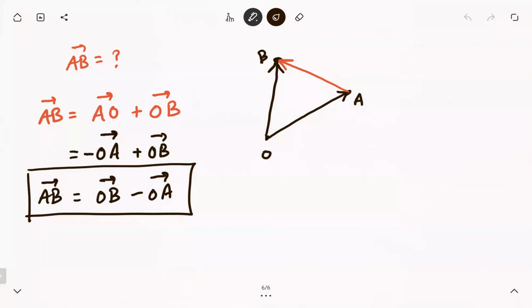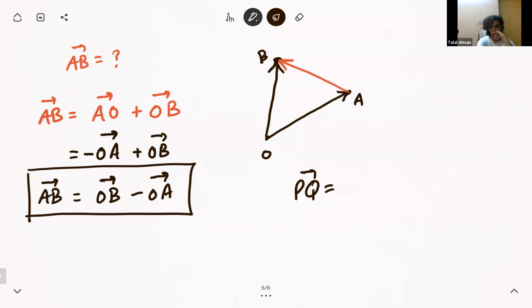अगर मैं कहूं इसी तरह, what will be the formula for PQ then? What will be the formula for PQ in terms of its position vector then? Can you hear me? What will be the formula for PQ then?